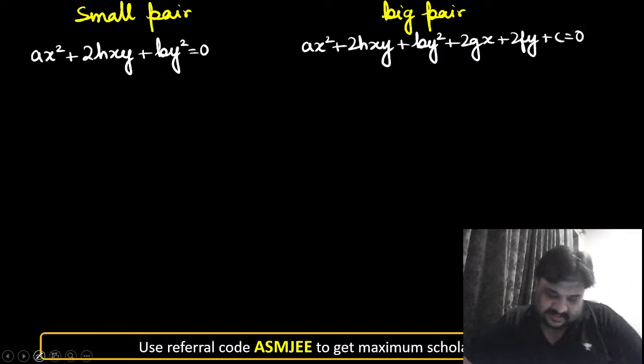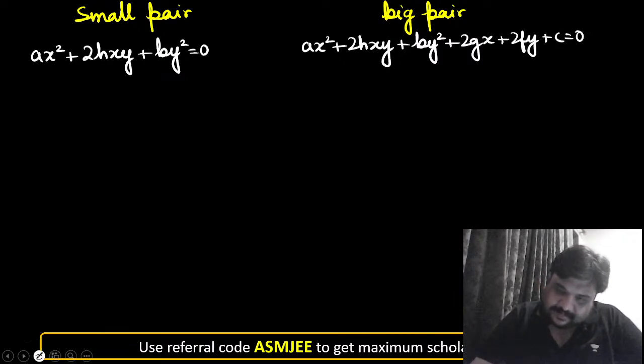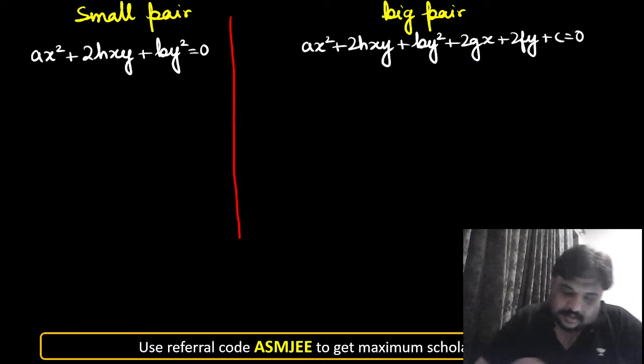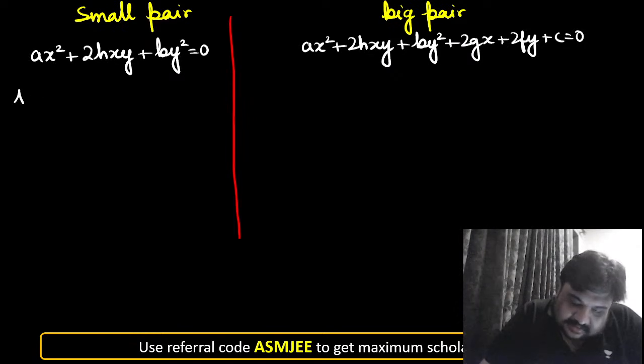Now, the next thing that we want to learn is what happens when a plus b is equal to 0.